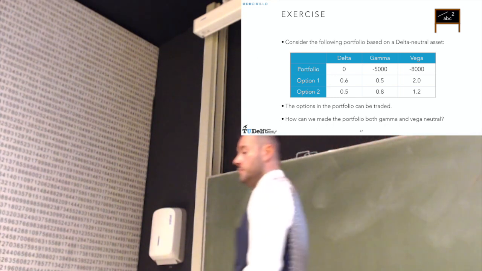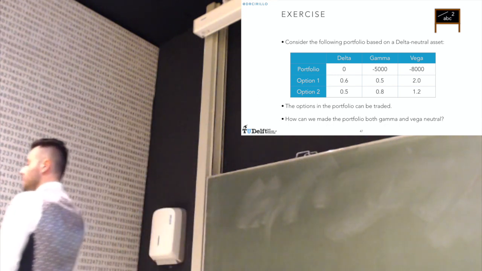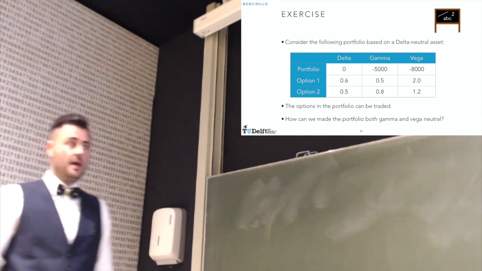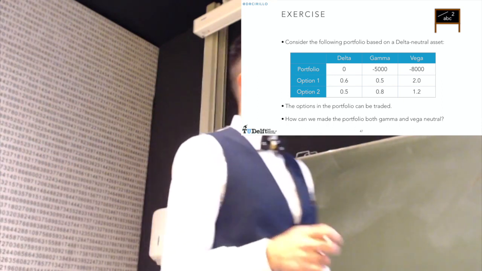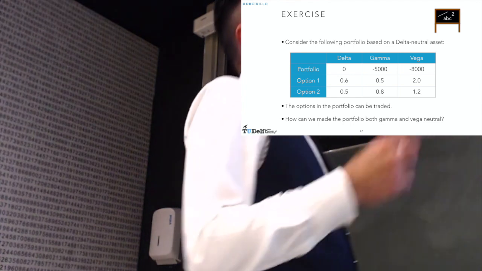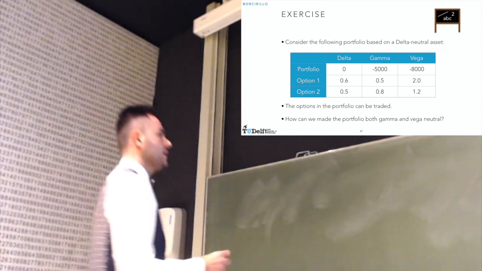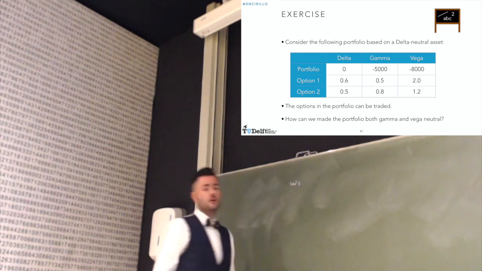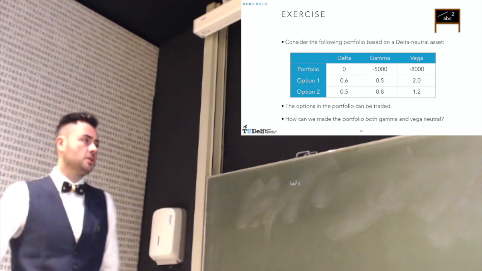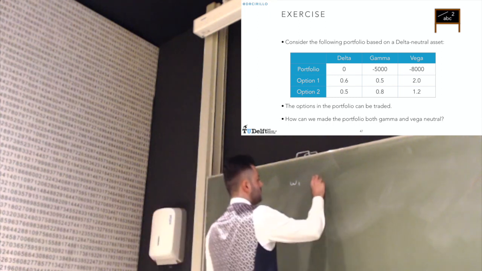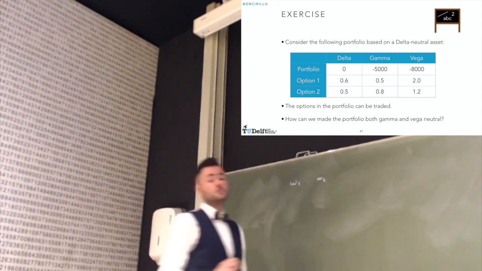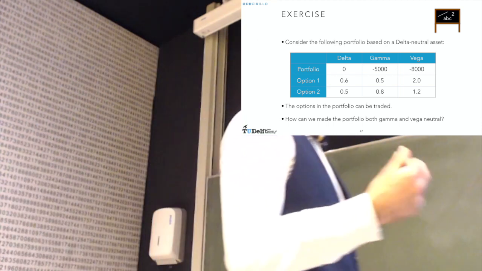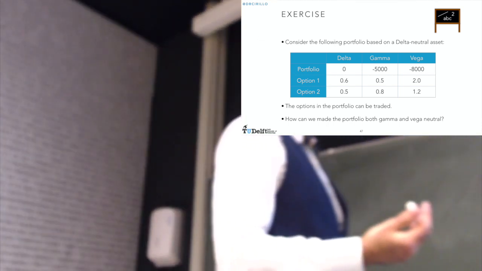Luckily, I have two options that I can use to try to make the portfolio both Vega and gamma neutral. Now, how can I do that? Essentially, I will have to add a certain amount W1 of the first option and a certain amount W2 of the second option. In order to find these quantities, I can solve a linear system.